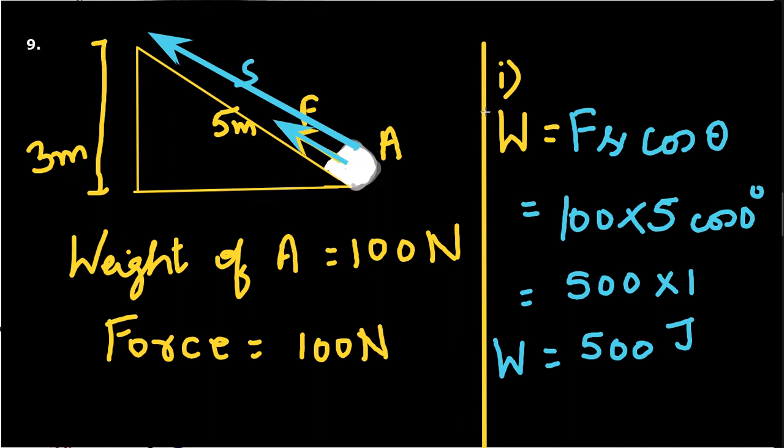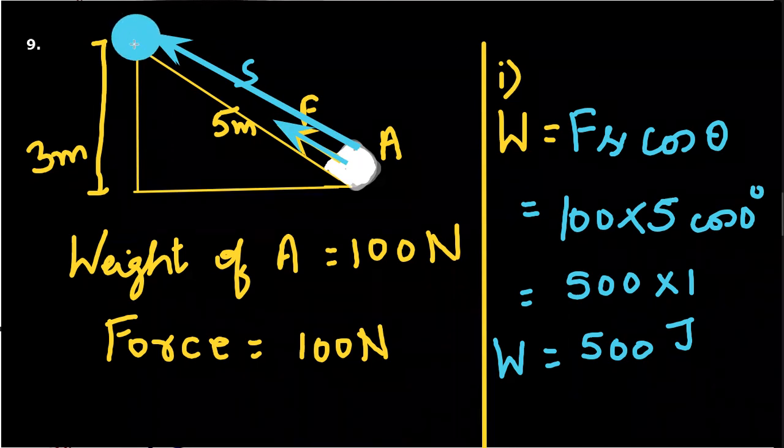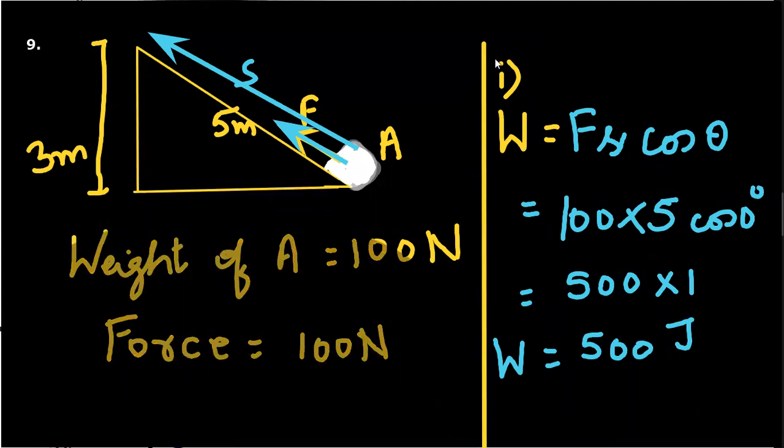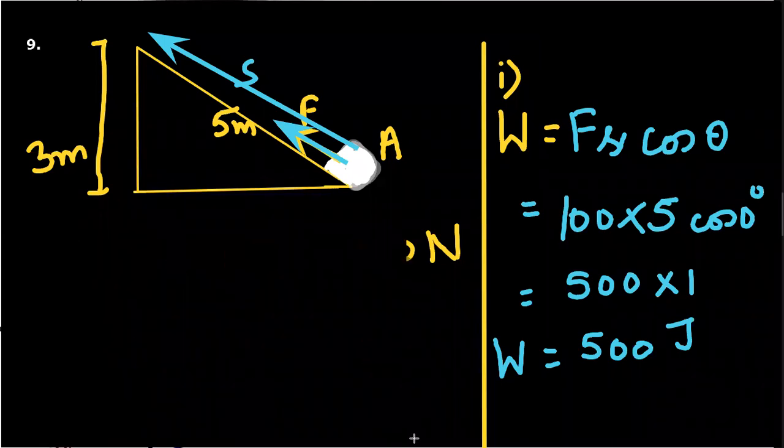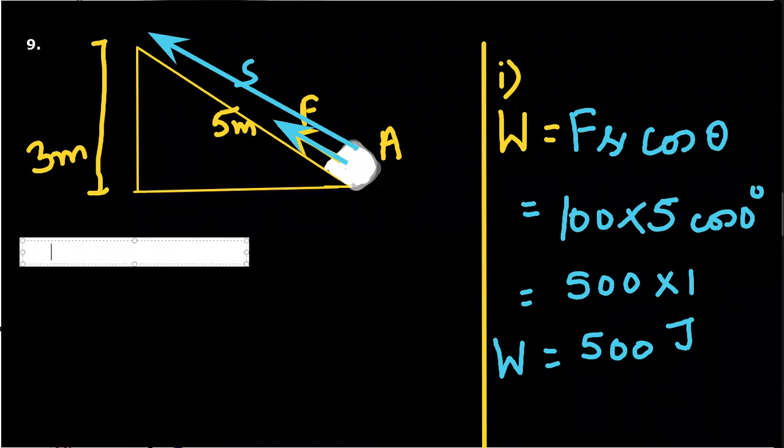So the next question is, what is the increase in potential energy? Children, when we did loss, I told you loss in potential energy was initial minus final potential energy. Loss means initial minus final potential energy. But when I am talking about increase in potential energy, that is something else. So I'm writing both the formulas here.